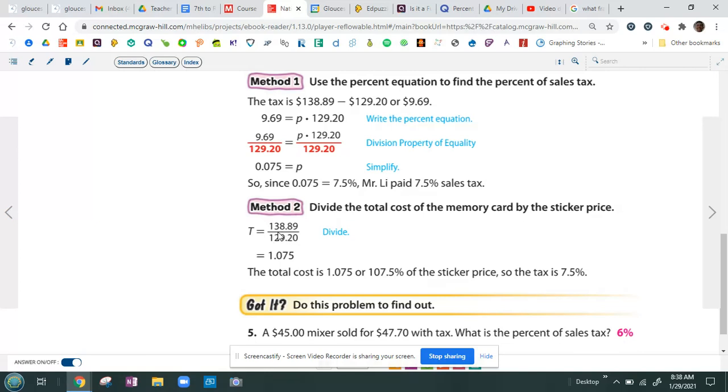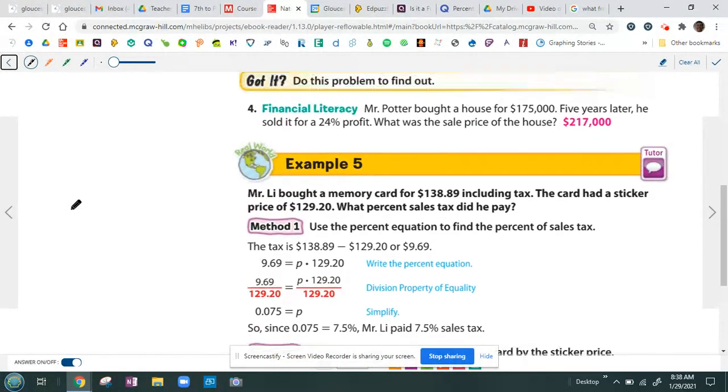All right, now this is the way they did this. You can always find what percent a number is of another number. You can divide them and get a decimal. But I don't like how they just threw that in and didn't even give the percent equation that we've been working on.